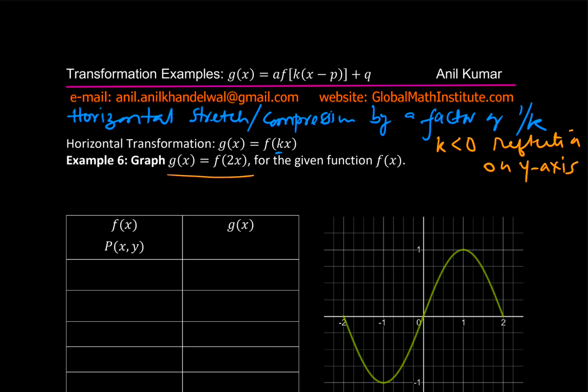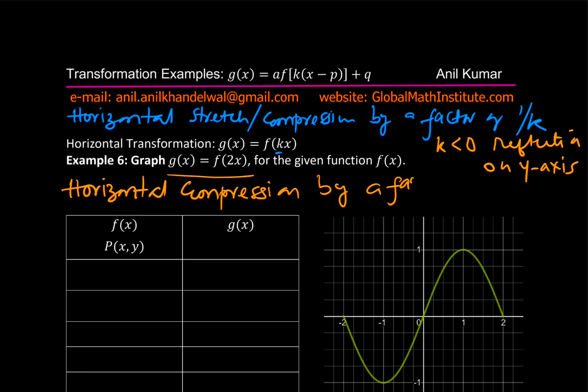So in this case, there is only one transformation, and because k is greater than 1, we have a horizontal compression by a factor of 1 over 2, right? So it compresses.